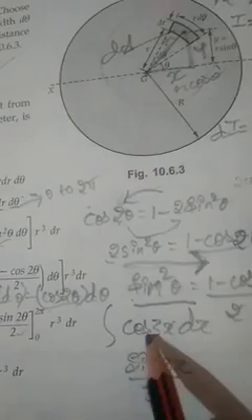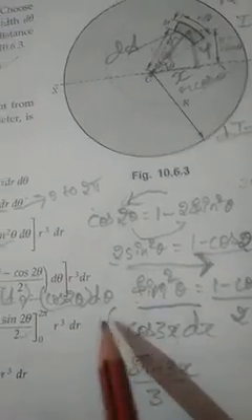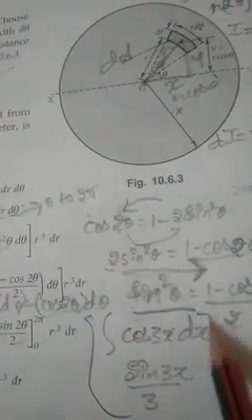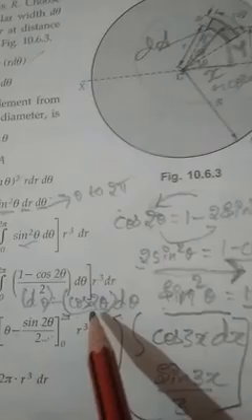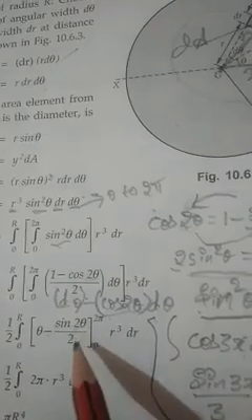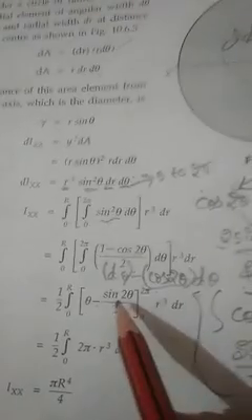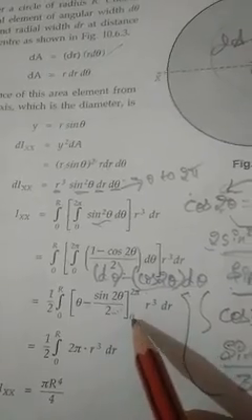So finally, integration of cos 3x will be sine 3x divided by 3. This is just an example I have given. So integrating cos 2 theta gives sine 2 theta divided by 2. Next, this whole term you have to treat as a constant. Clear?